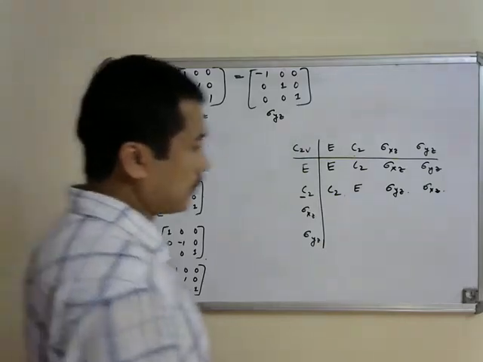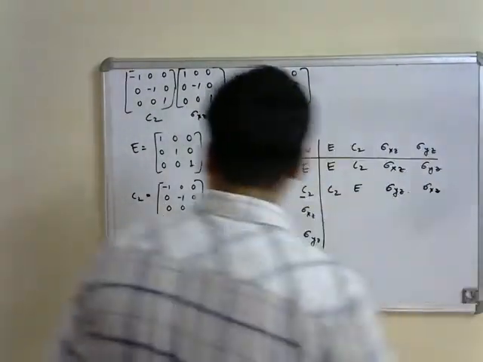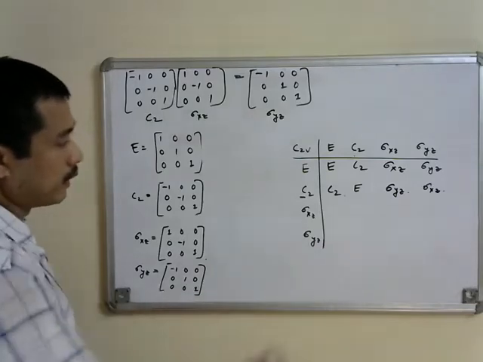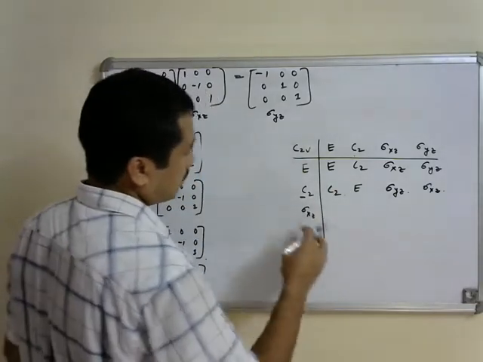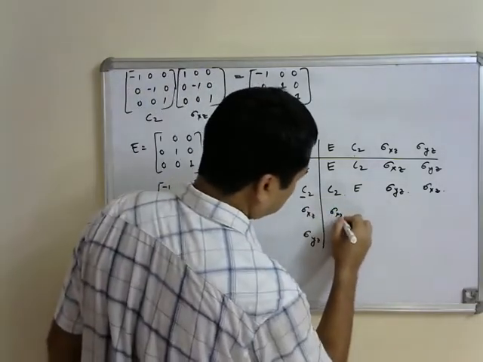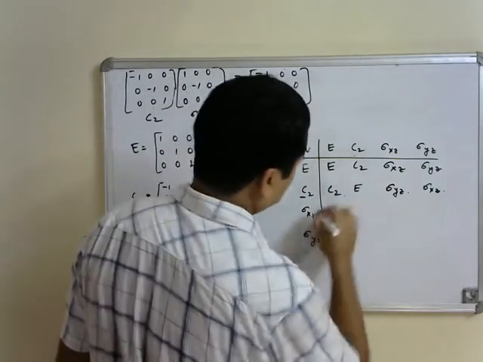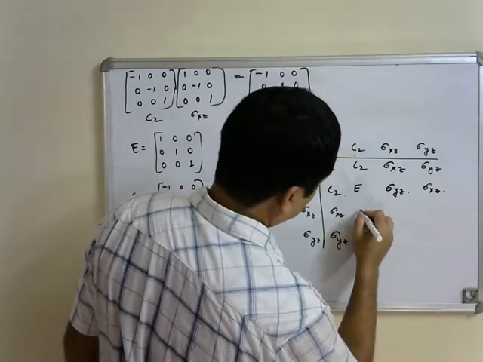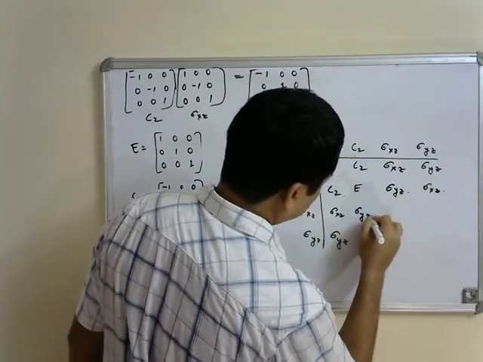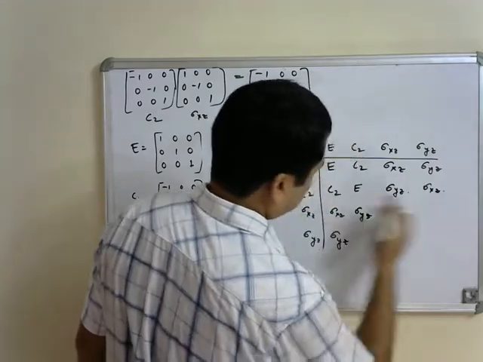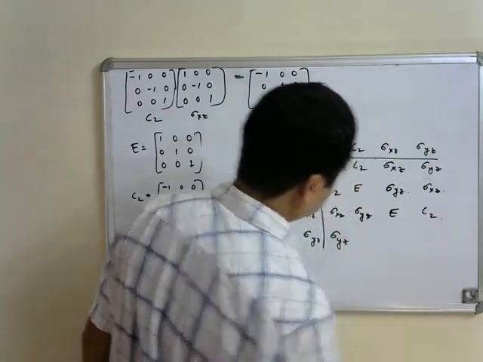And if we do matrix multiplication for the other symmetry operations, we can complete the group multiplication table for the C2v point group. This is going to be equal to sigma yz. This is going to be equal to identity, and this is going to be equal to C2.